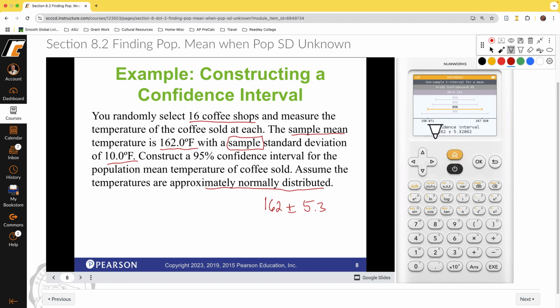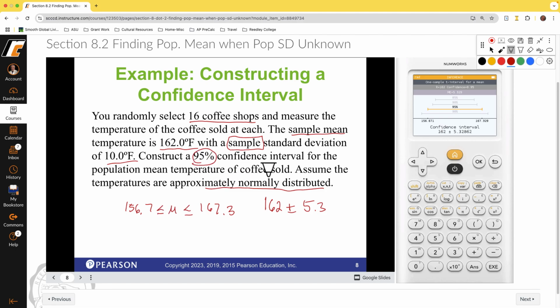Our confidence interval is going to be 156. And since we've only got one decimal place on the mean, let's only use one decimal place here, and then 167.3. So what we're saying is that the population mean is between these two places.